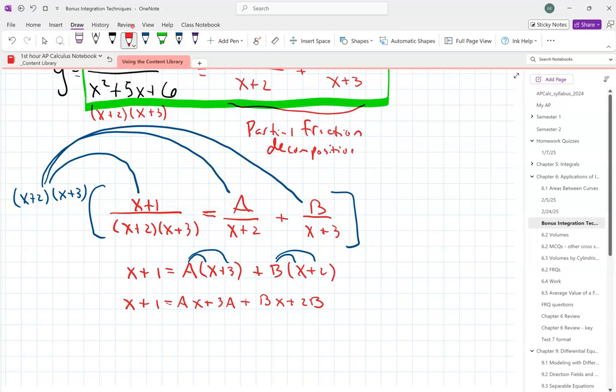Very good so far. Now what I know here is that ax plus bx has to equal x, right? And I know there's a coefficient of 1 in front of that x. So I know that a plus b has to equal 1.